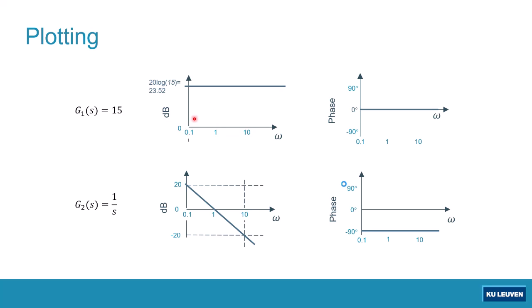For the magnitude plot, we have a constant of 20 log 15 over all frequency, and for the phase we have 0 degrees for all frequencies. The second simple system is the integrator, where the magnitude plot is just a straight line with a slope of negative 20 dB per decade crossing the origin, and the phase plot is equal to negative 90 degrees over all frequency.